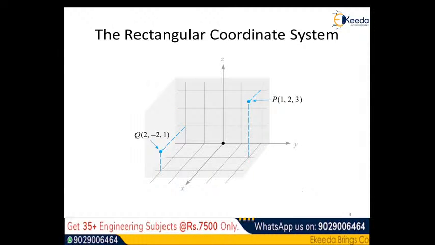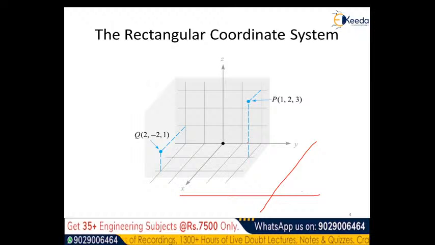in the rectangular coordinate system. For example, we have taken point P which has the coordinates 1, 2, 3, and point Q which has the coordinates 2, -2, 1 here. From the point in space, we simply drop a perpendicular onto the horizontal plane, which is the z equal to 0 plane, or in other words the xy plane.